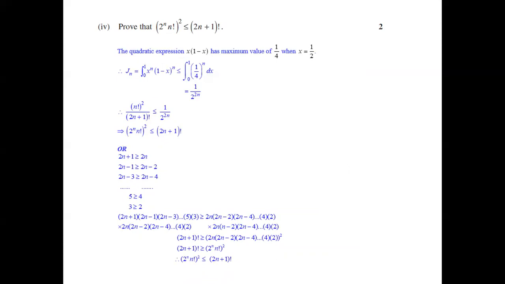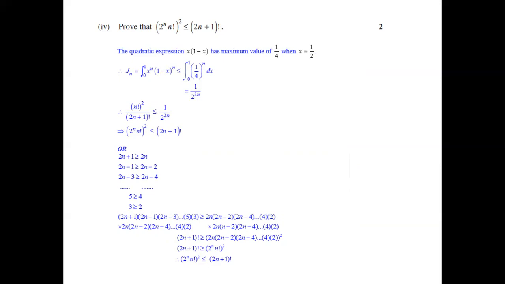The other method is what some students did, and it's quite logical as well. We're looking at 2n plus 1 is greater than or equal to 2n, 2n minus 1 is greater than or equal to 2n minus 2, and so on. Then we multiply the left-hand side and the right-hand side separately.